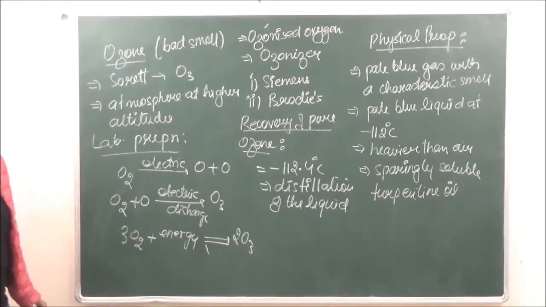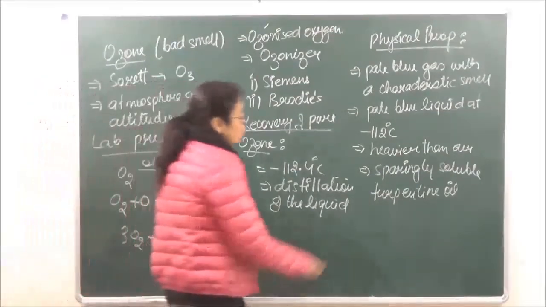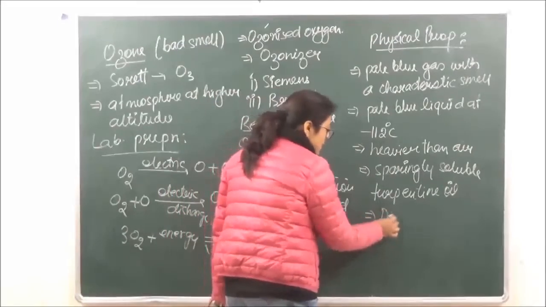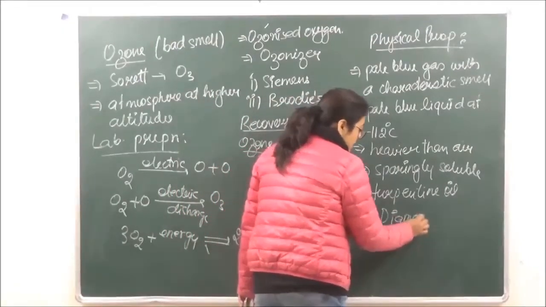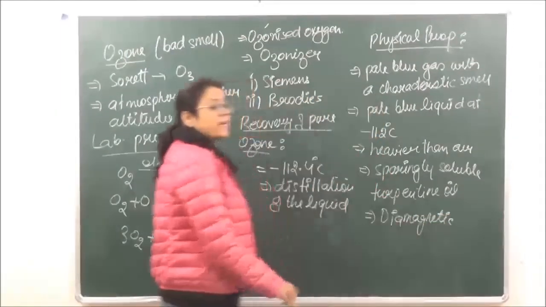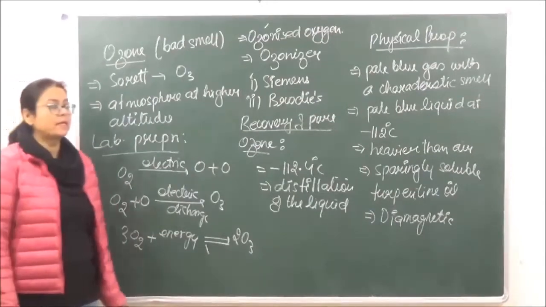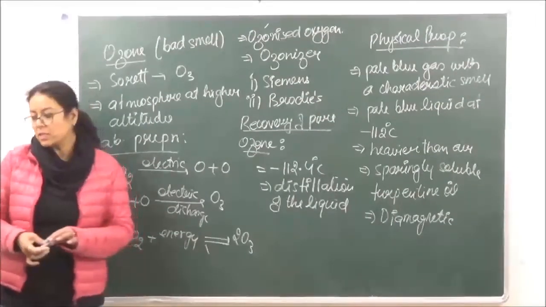So in organic solvents it is going to be more soluble. And finally, ozone is diamagnetic in nature in comparison to oxygen, which is paramagnetic. Okay? So these are the physical properties.